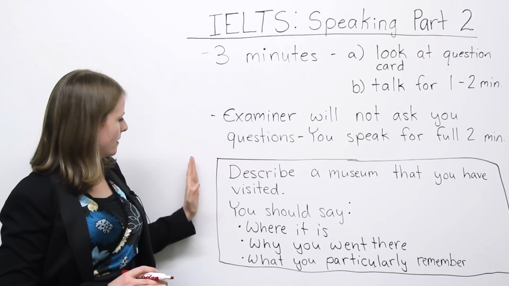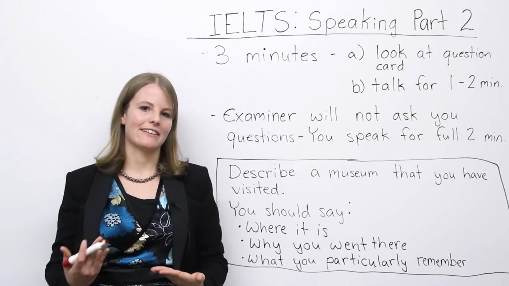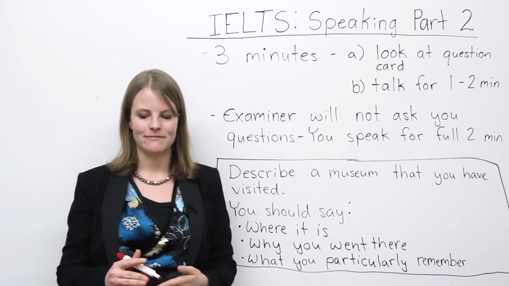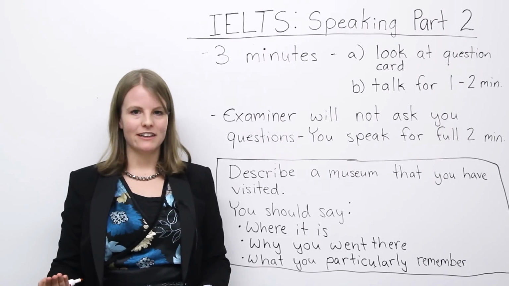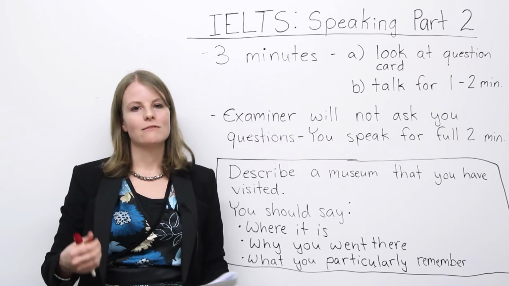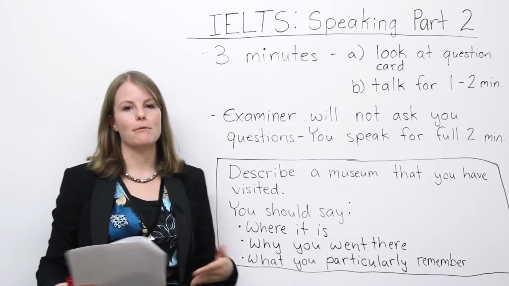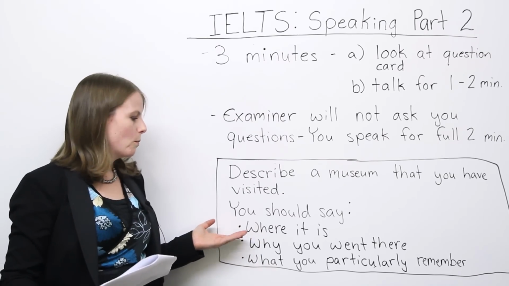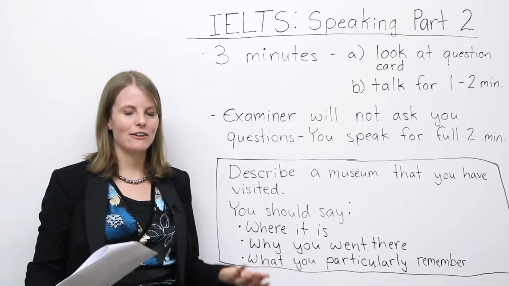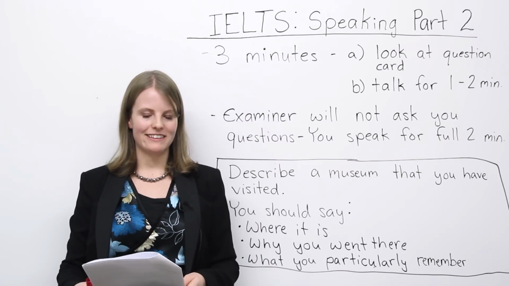Okay, so what are some of the topics you might be asked about in this part of the IELTS? Well, topics often covered include a precious item. You might have to describe a precious item that you own. You might have to say where you bought it from, or how you got it, what it looks like, why it is so precious.